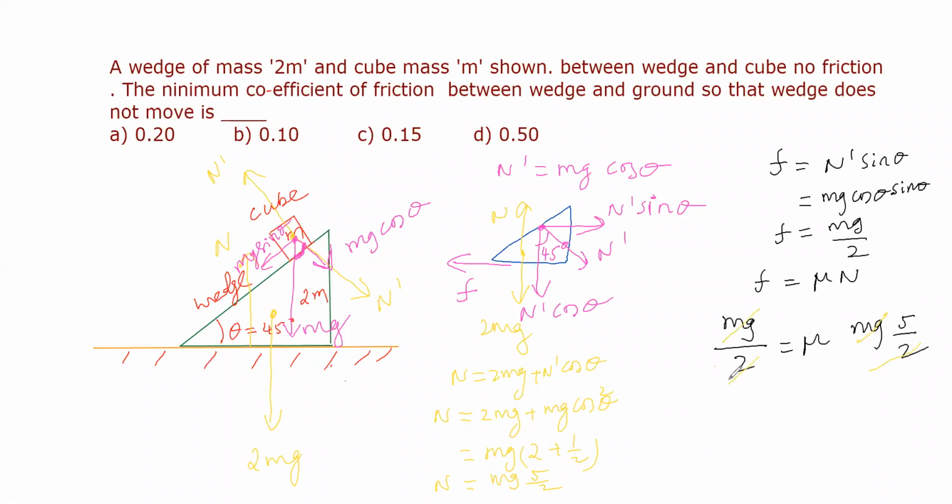Now mu is equal to 1 by 5, which is 0.2. So the minimum coefficient of friction is 0.2, required in order to avoid slipping of the wedge on the ground. So the answer we get is option A, 0.2 is the coefficient of friction.